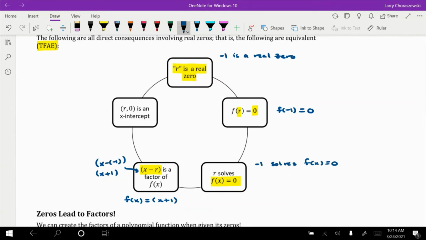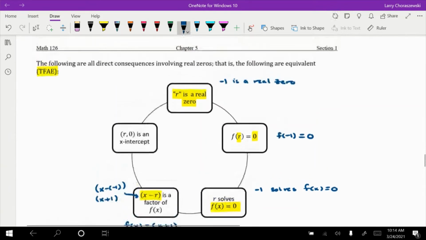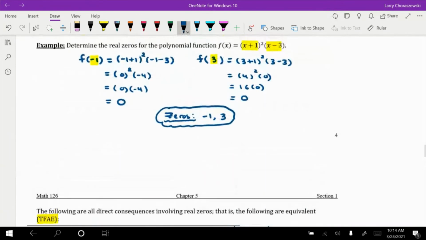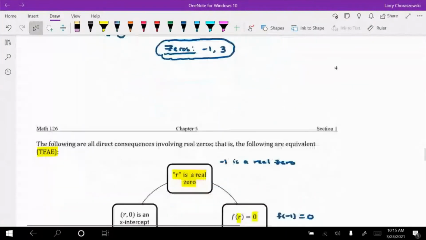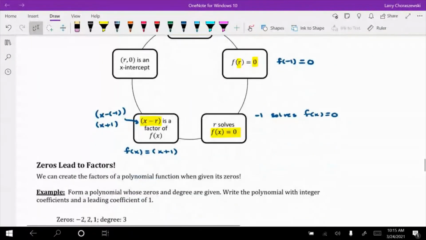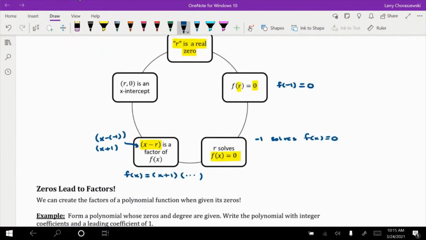And looking back at that example, that would be true, because in its partially factored form, we've got x plus 1 quantity squared. So naturally, x plus 1 would be a factor of this entire polynomial function. As for the rest of the factors, I'll just put ... because I just want to emphasize that x plus 1 would be a factor.